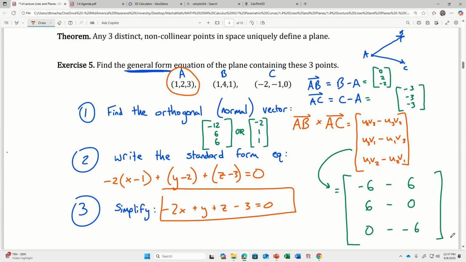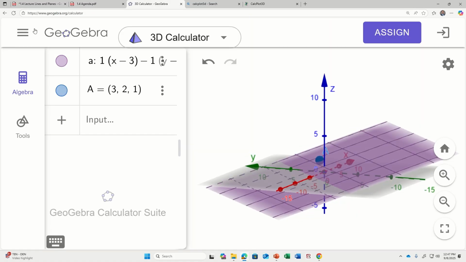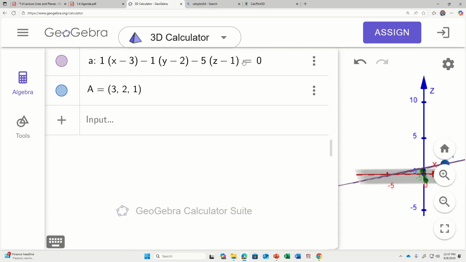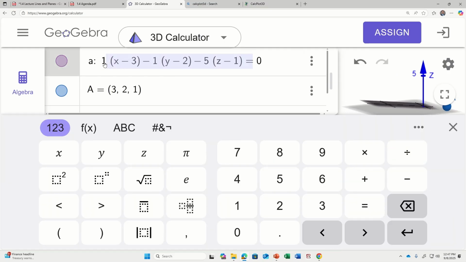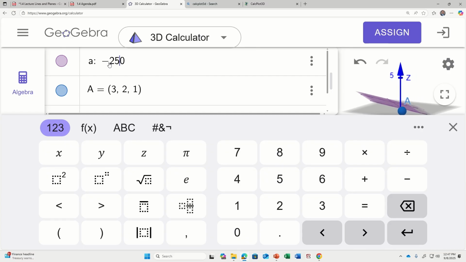You know, I always say on your homeworks you should be checking your answers, because I don't give you an answer key. But here's how you check your answer. We take negative 2x plus y plus z minus 3, and try that here. Negative 2x plus y plus z minus 3 equals 0.